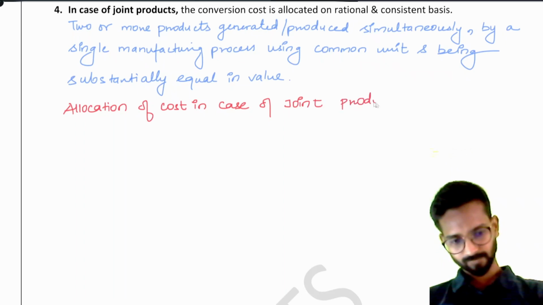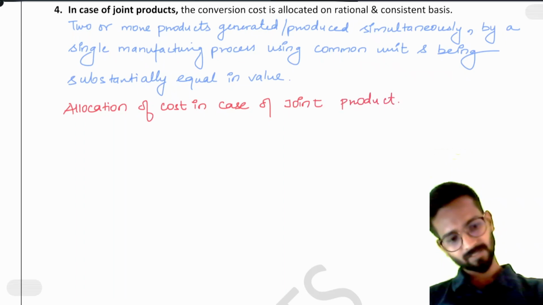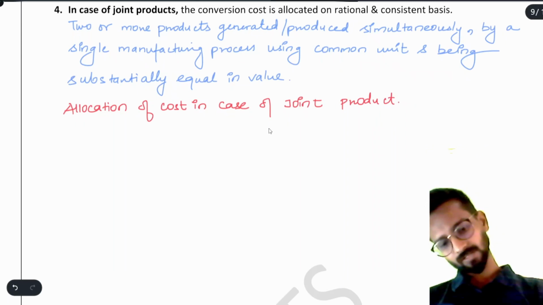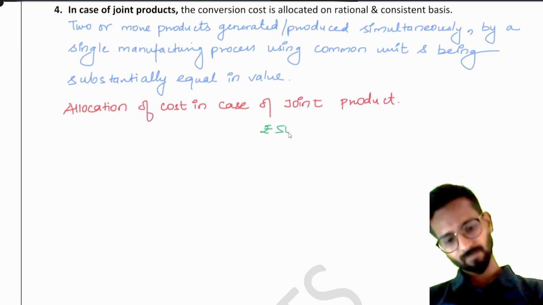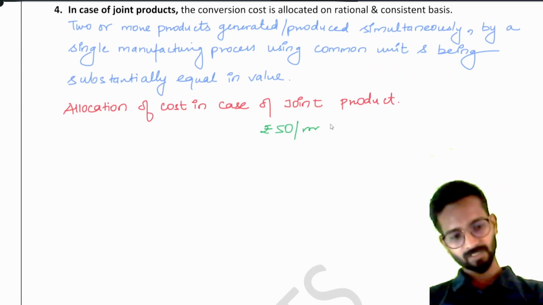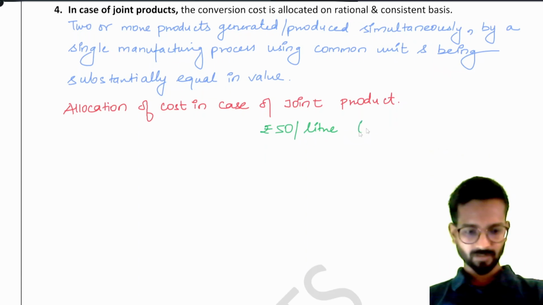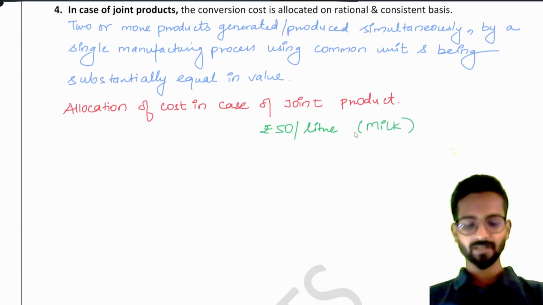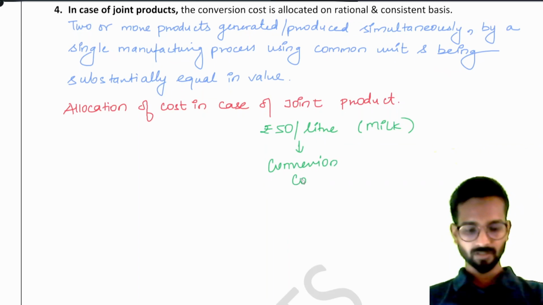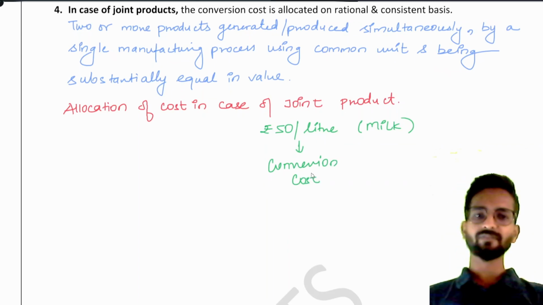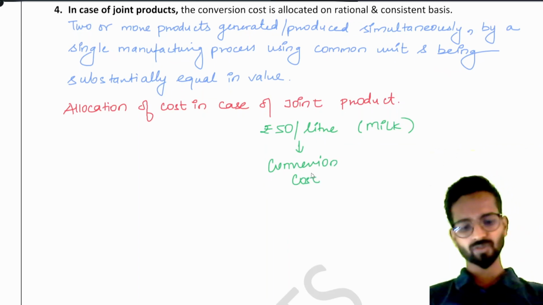देखो, example लेते हैं, जैसे मान लो कि 50 रुपये लीटर मिल्क है, ₹50 per liter is our milk. Now this is our raw material. Now raw material will undergo some conversion process, conversion cost, that is we will put it in the factory, then we will produce butter, cheese, whatsoever.